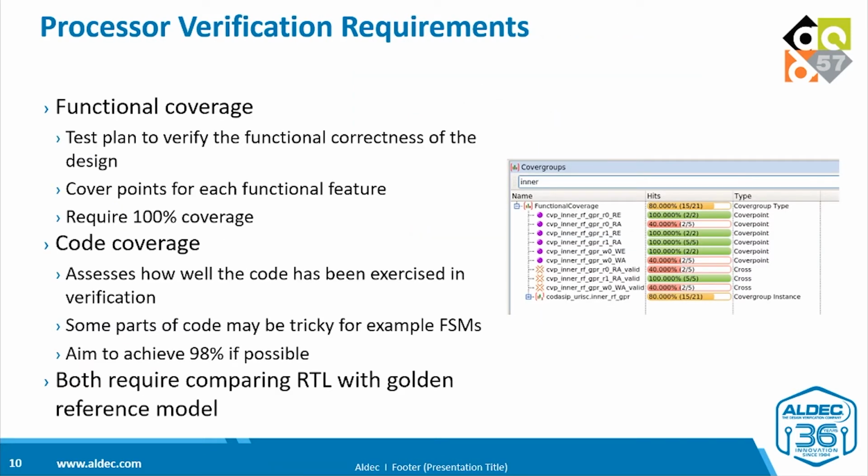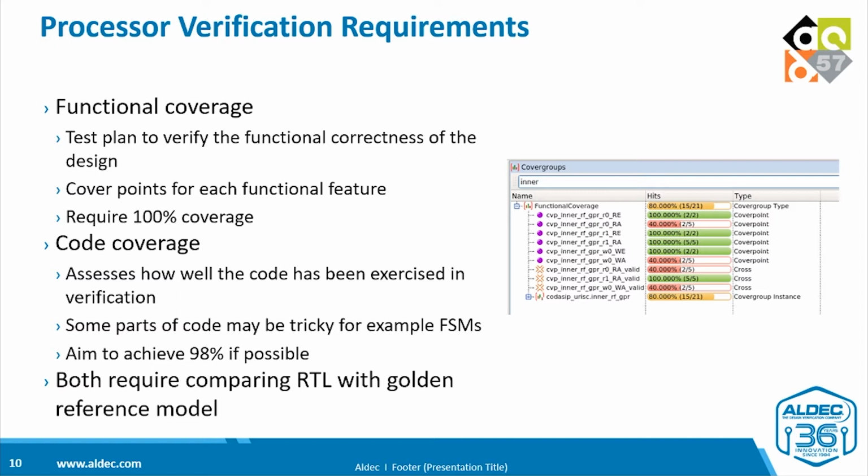Now, verification is an essential part, probably the most important part of a processor development cycle. There are two main elements to it. You need functional coverage, so you need a test plan to verify the functional correctness of the design and cover points for each of the functional features, and you're looking to achieve absolutely 100% coverage.